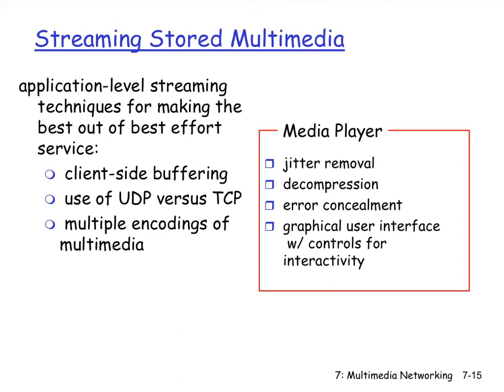This is from the transport layer point of view. From the application layer, we can provide some control over the stored multimedia content. For example, when we watch YouTube, sometimes we say pause, and sometimes we can rewind, sometimes we can move forward and move backward and stuff like that.